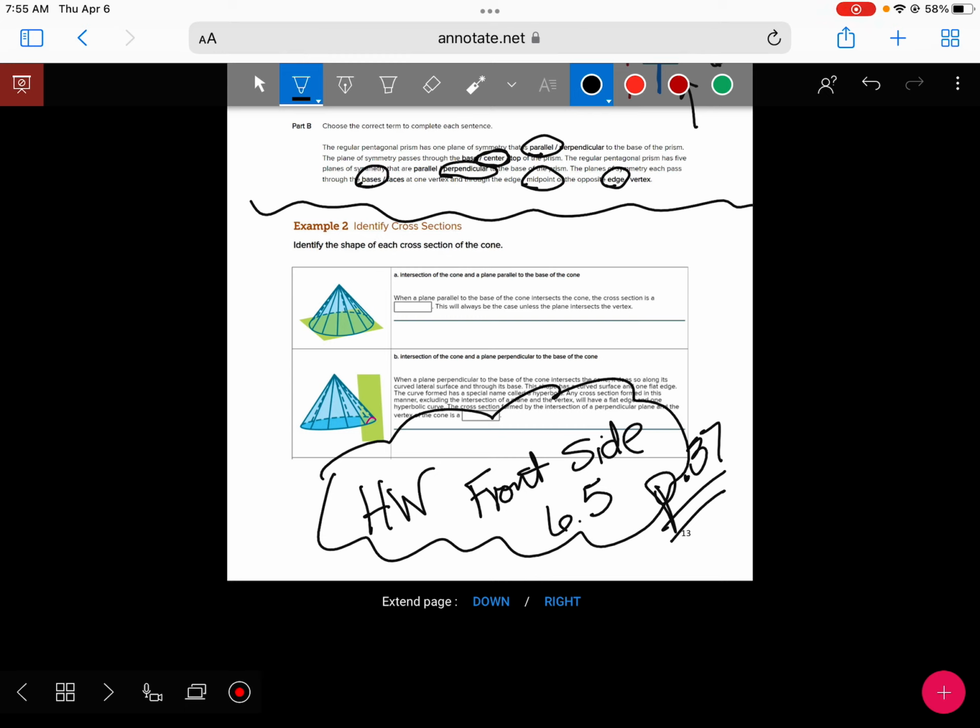Let's take out for a second your homework that you were supposed to do last night and the night before, either on page 39 or page 40.